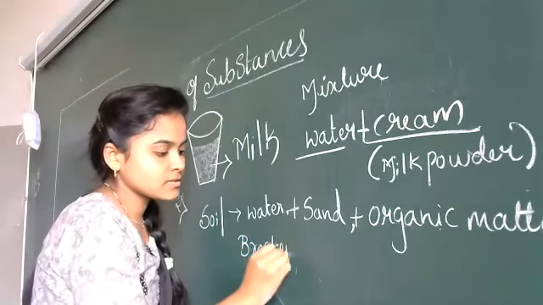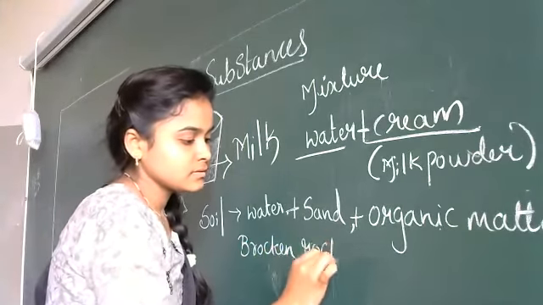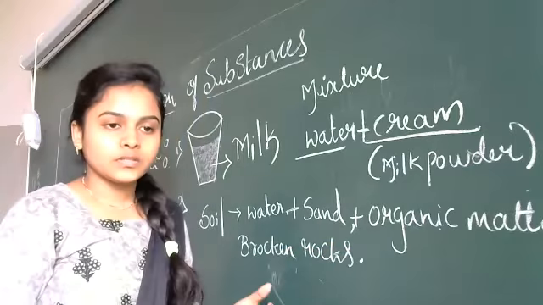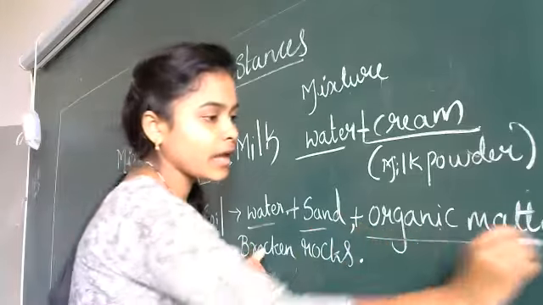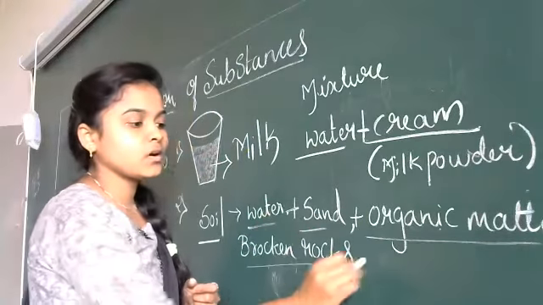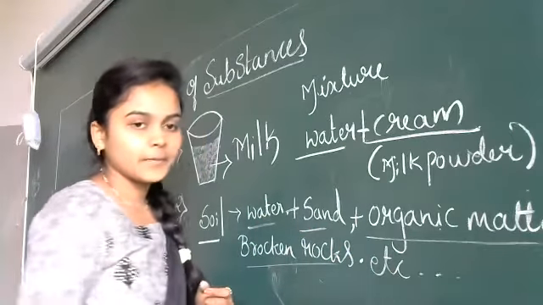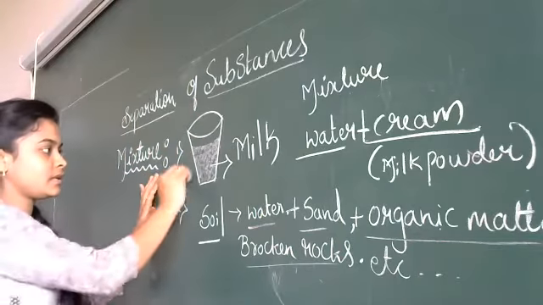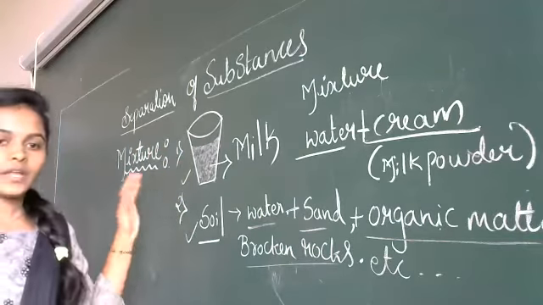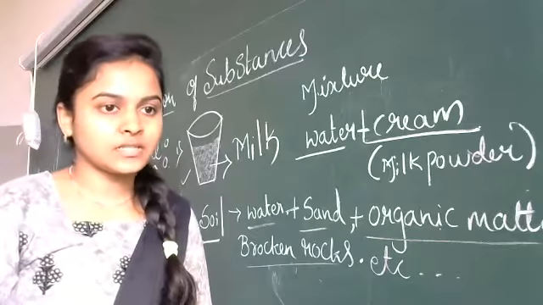So soil is also a mixture of water, sand, organic matter, broken rocks and etc. So which are the examples for mixture? Milk and soil. Now at least you understood what is meant by mixture.